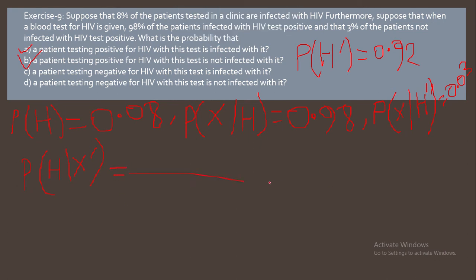So the formula will be P of X prime given H into probability of H, divided by P of X prime, the total probability of being tested negative, which is X prime given H into probability of H, plus probability of X prime given H prime into probability of H prime.